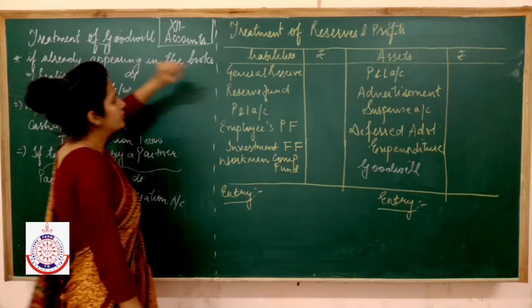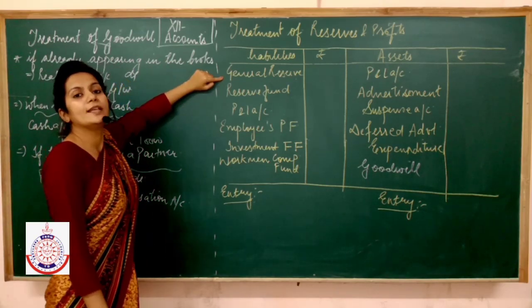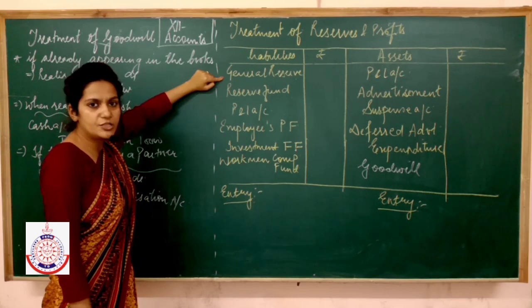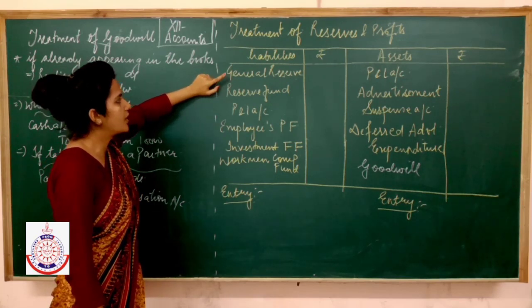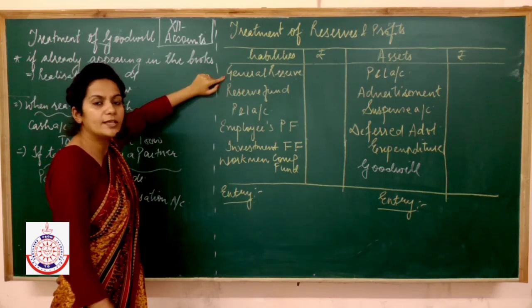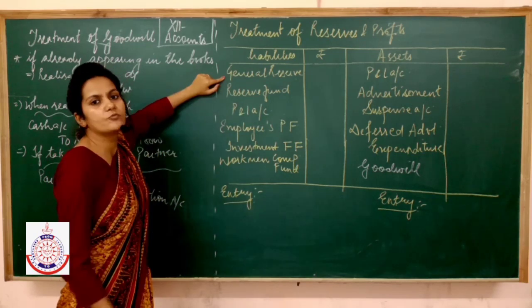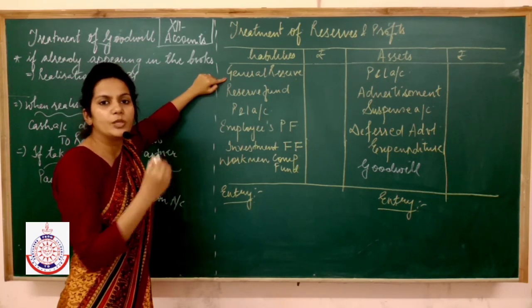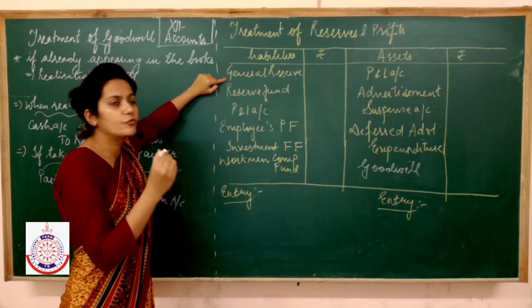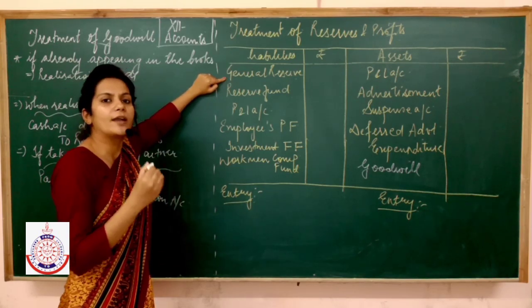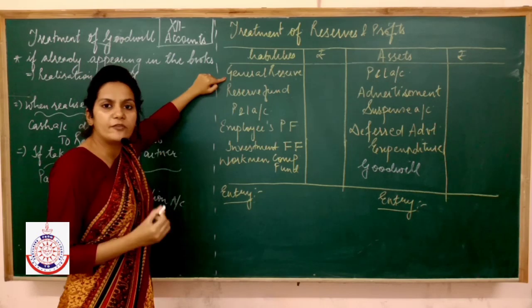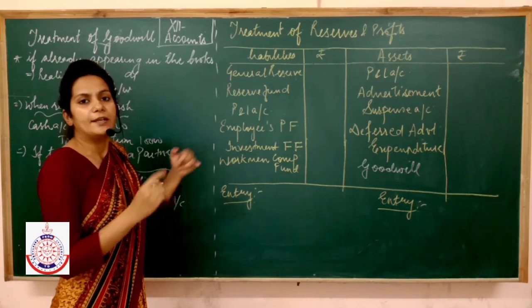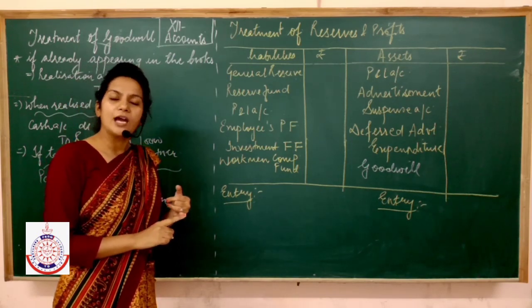If general reserve is given to you on the liability side of the balance sheet, then simply transfer this general reserve to the partners' capital accounts. As reserves are part of the profits and belong to partners only, we have to transfer this reserve to partners' capital accounts the way we transfer it in admission of a partner and retirement of a partner.